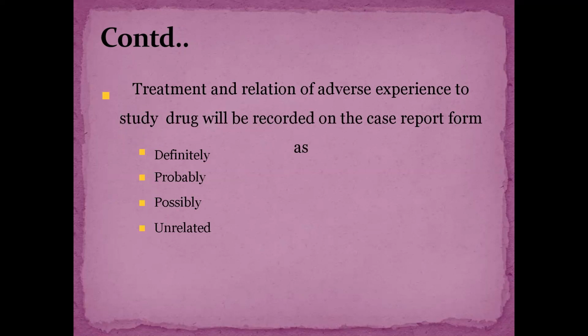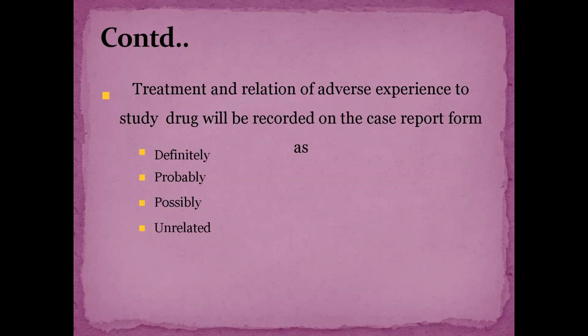We have WHO causality, Naranjo, and different scales. They classify as definitely, probably, possibly, and unrelated. If the drug is very well documented and you know that the adverse drug reaction happened because of the drug only, then we can tell it as definitely.